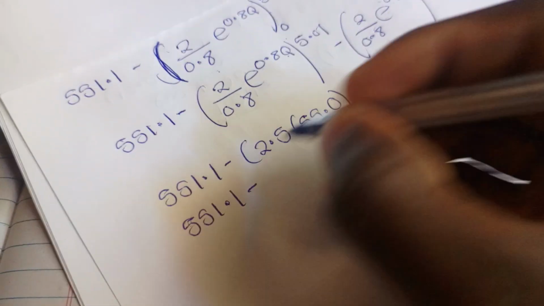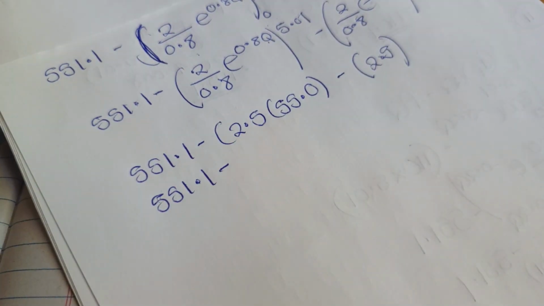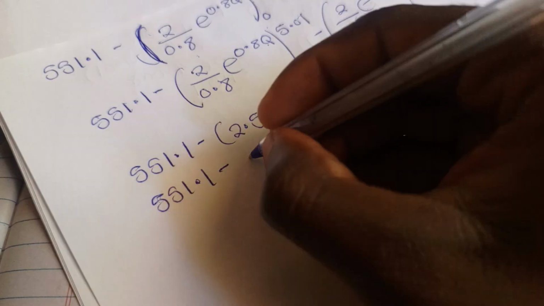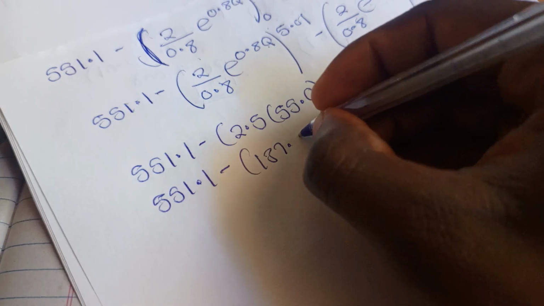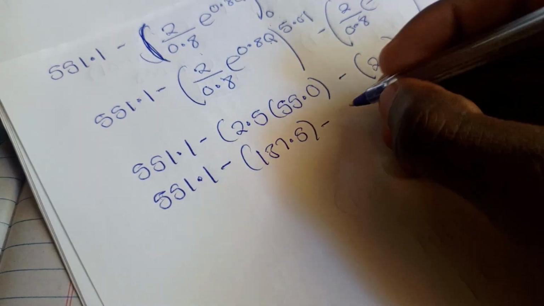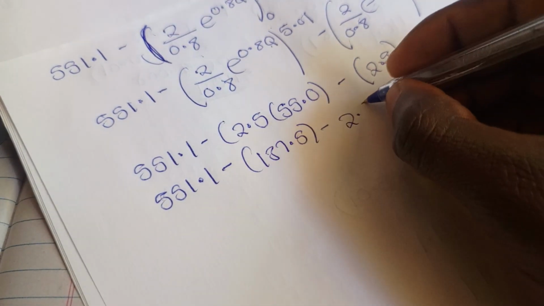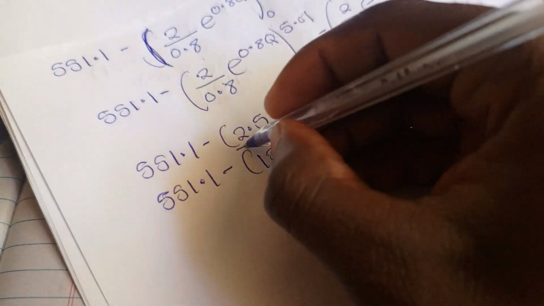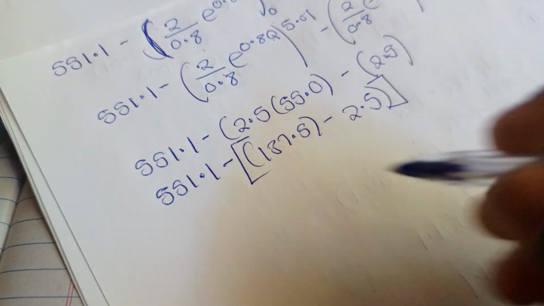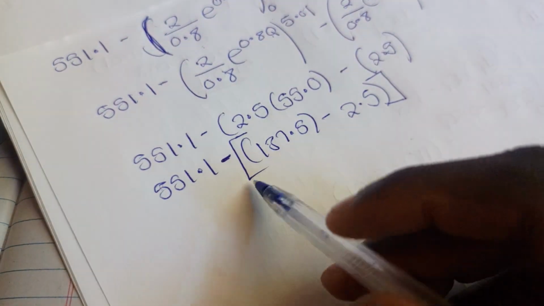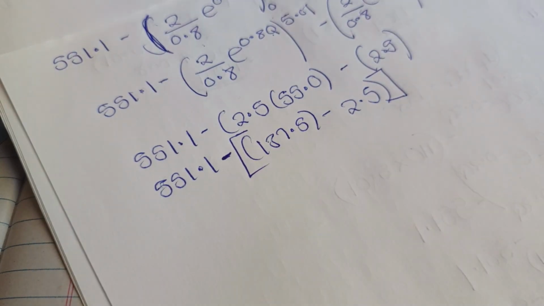Then from here, we have 551.1 minus, so 2.5 times 55 is giving us 137.5 minus 2.5. Then we'll put rectangular brackets so that this negative does not interfere with what is inside here.